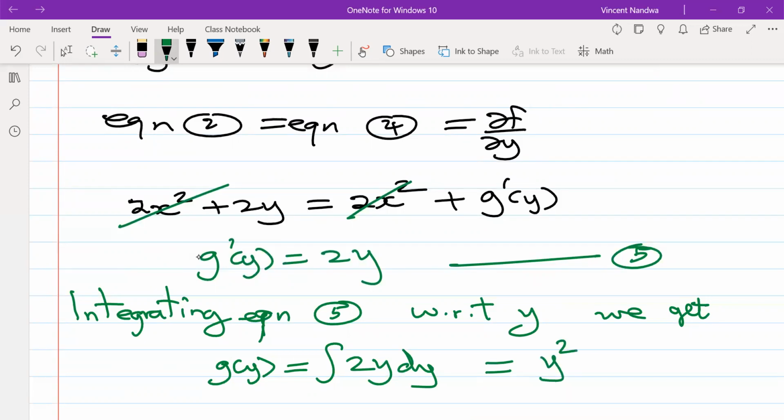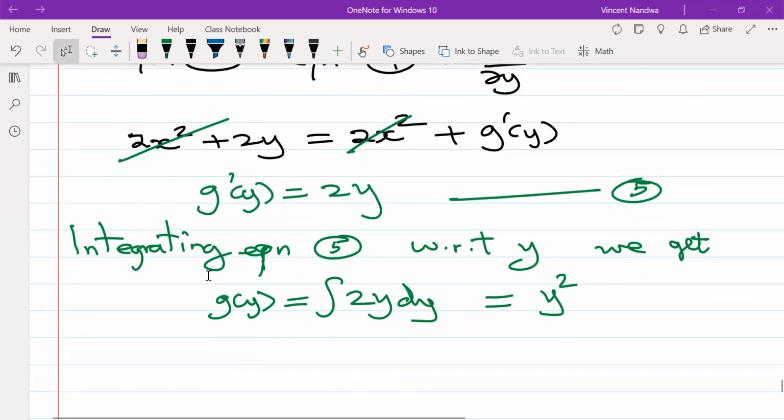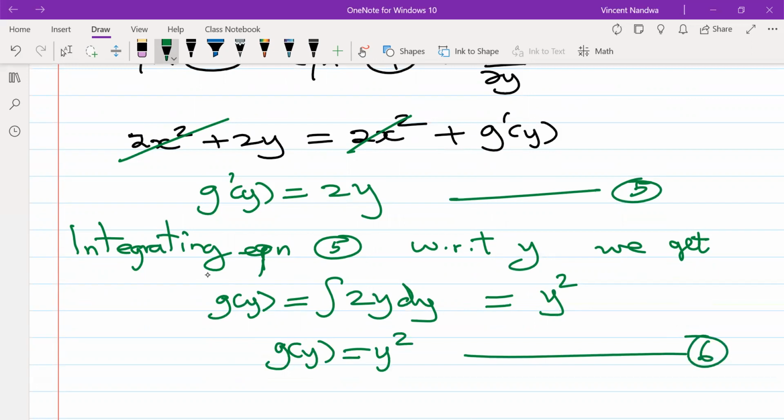Remember, at this process, you don't have to add a constant of integration. It will be taken care of in the final structure of the answer, which is f equals c. So g of y equals y², and let me call this equation 6.